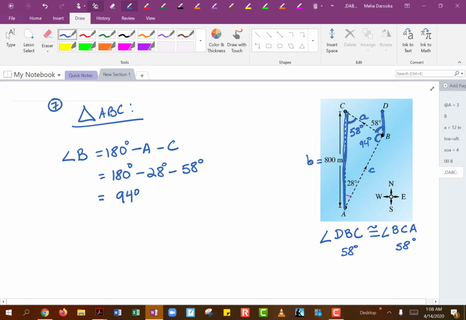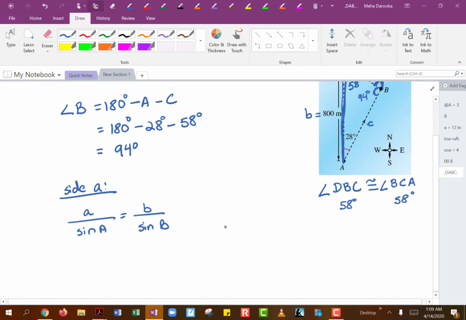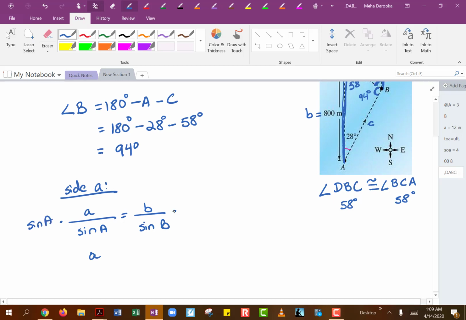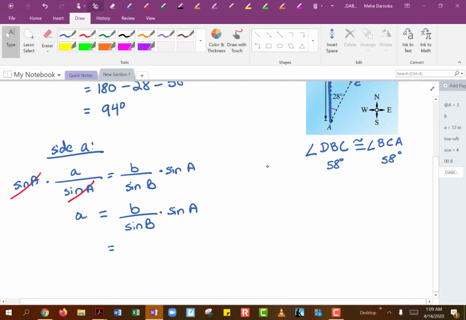So if you want to find side A, we are going to use A over sine of A equals B over sine of B. So A we don't know. We're going to multiply both sides by sine of A. So these cancel out, giving us A equals B over sine of B multiplied by sine of A. So side B, of course, is our 800 meters.